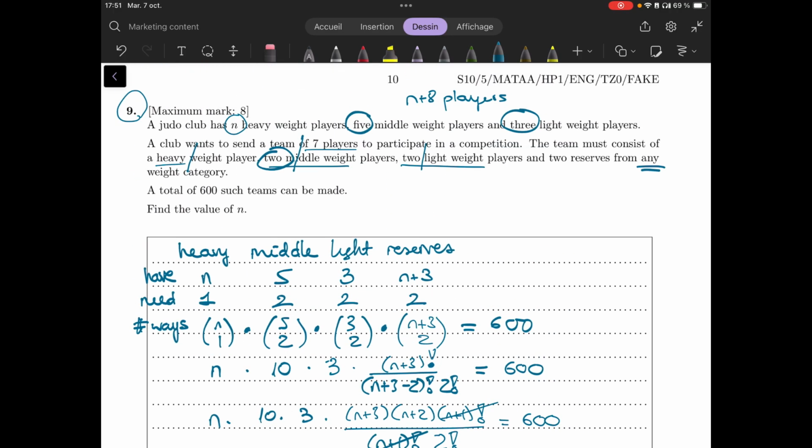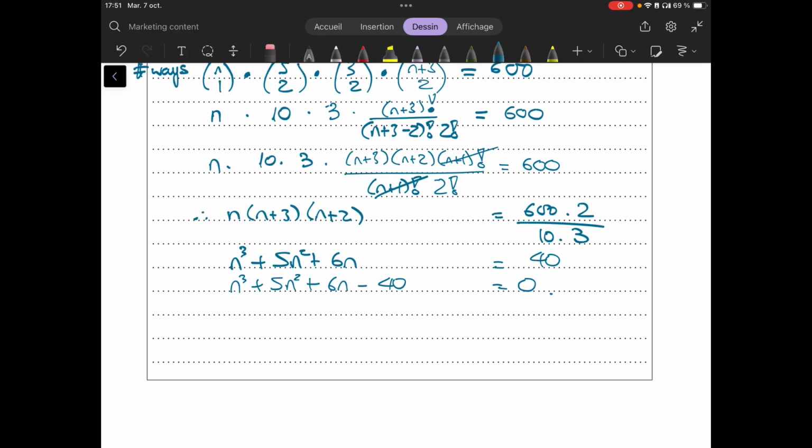We know that n is the number of heavyweight players, so n has to be a positive integer. Because it is on paper 1, that means that your value of n has to be relatively small. So let's test n equals 1.